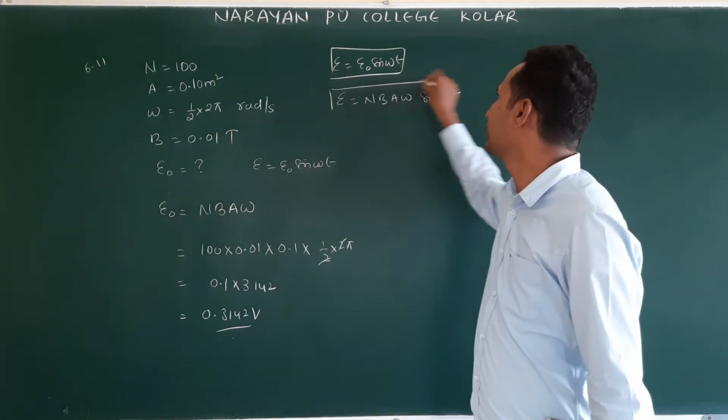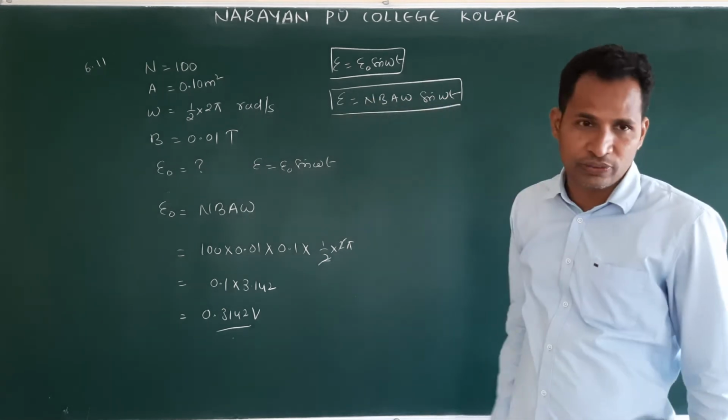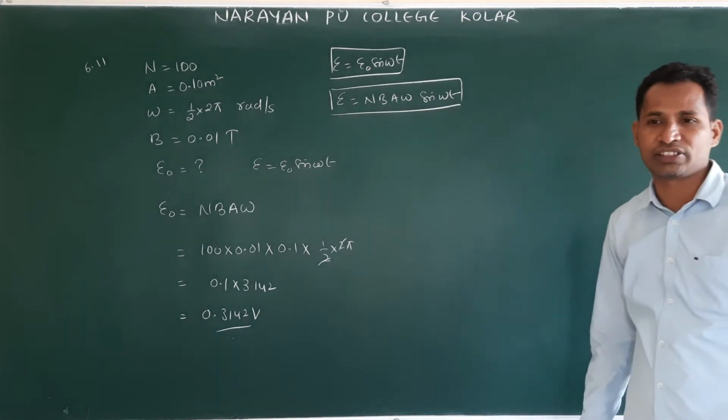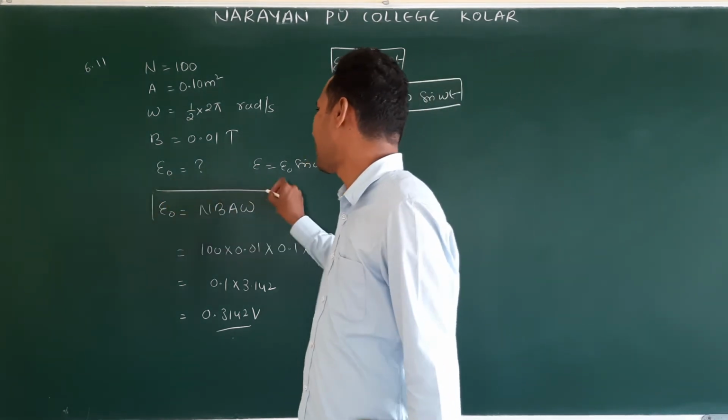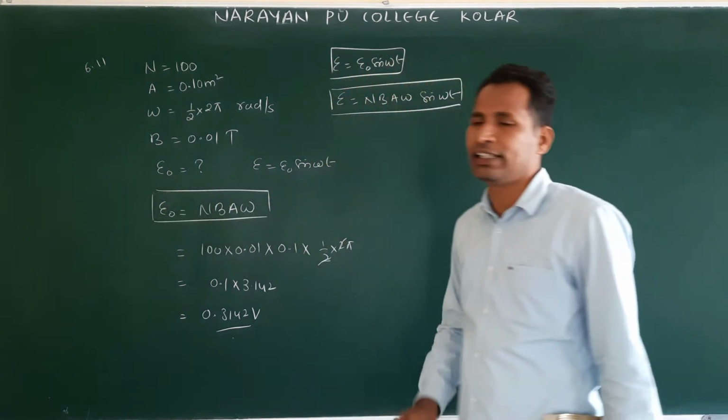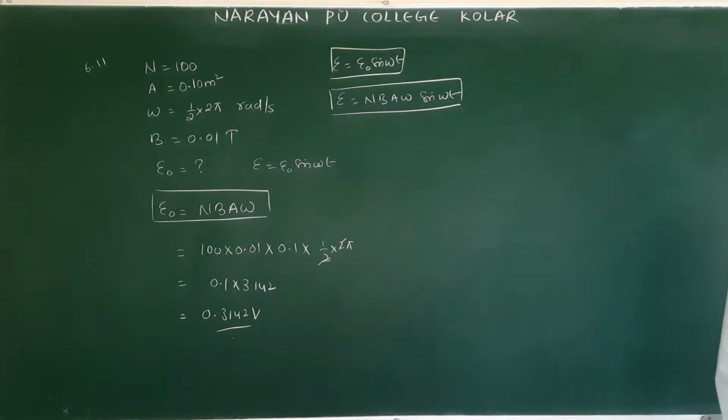If they ask for a particular time, an instantaneous value, we use this equation. But here they asked directly for the maximum EMF, so we calculated N B A omega.